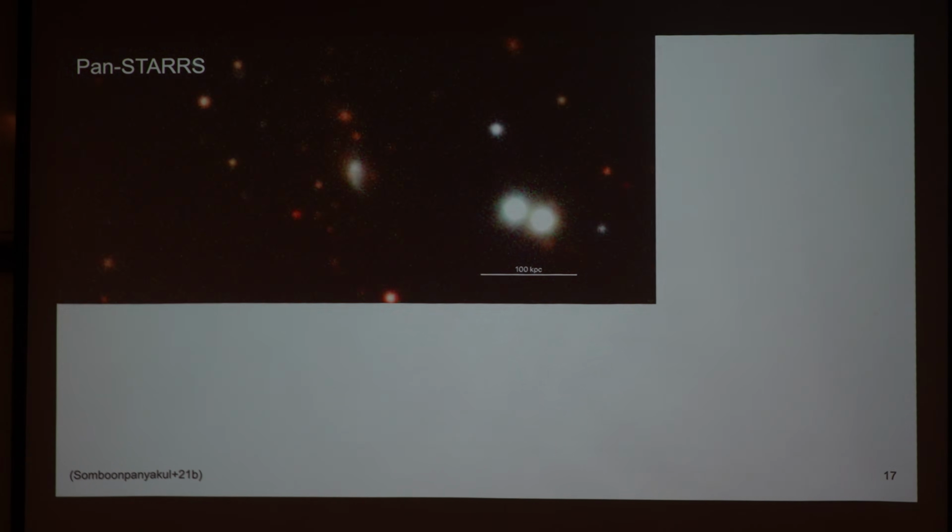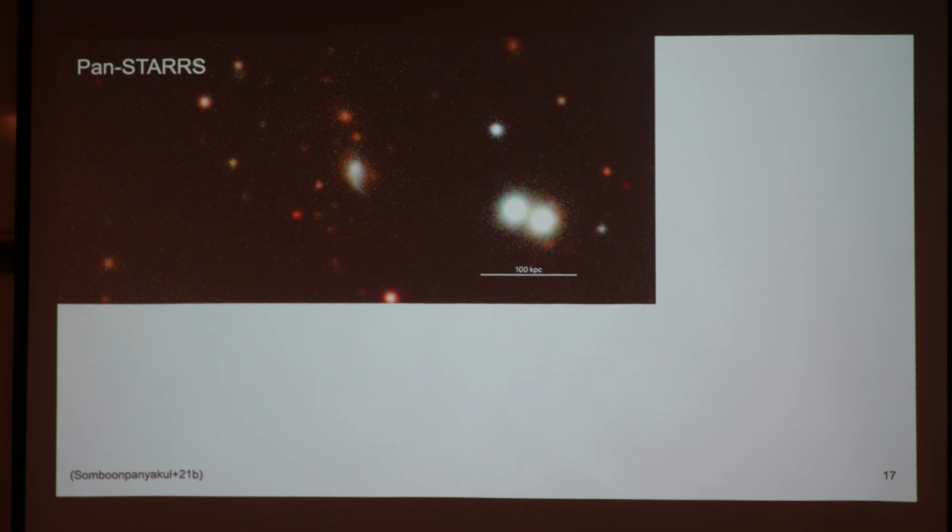Okay, so here is the first discovery image of the galaxy cluster using Pan-STARRS. There's a long story about how I got to this specific object, but the key is I was looking at different optical data sets, and I found this object as a new galaxy cluster because no one had called it a cluster before.